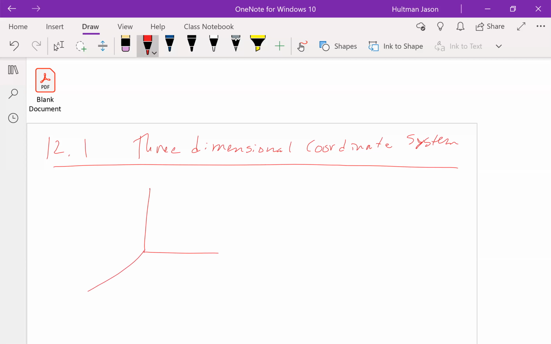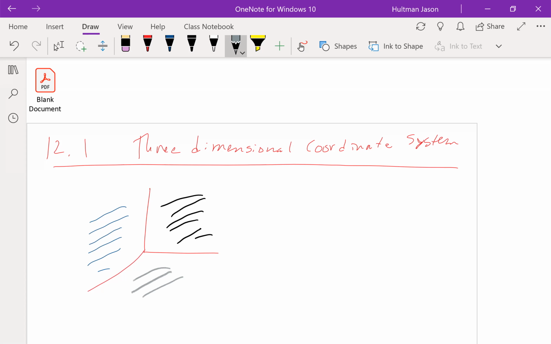Think of this like the corner of the walls and the floor that are in your house. Let's just spice it up with some colors. This wall, and maybe this wall here.